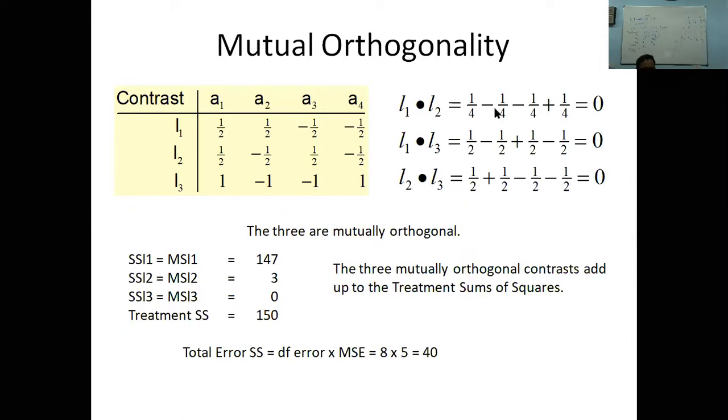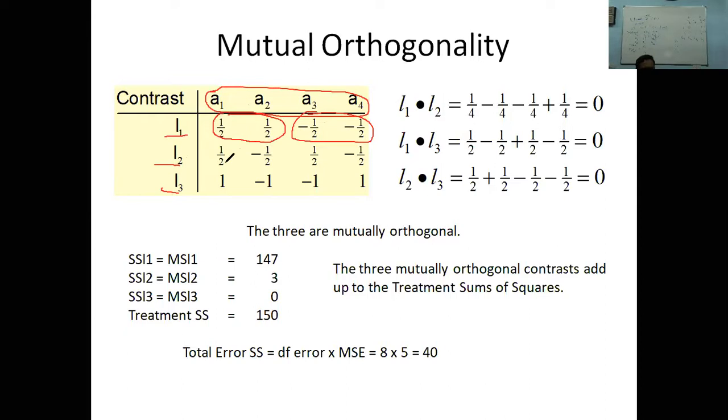This is another example. This is what I said already. I have 4 treatments, A1, A2, A3, A4. Now I have this first contrast, second contrast, third contrast. So here I am comparing A1 plus A2 versus A3, A4. So this is how we write half, half, minus half, minus half.